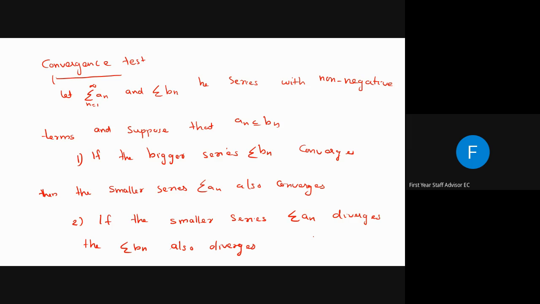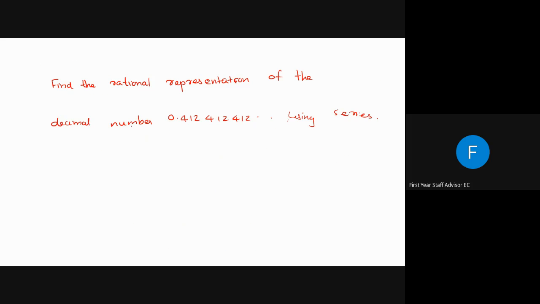Okay, an less than or equal to bn is given. That means all terms in bn are greater than an. This means a1 is less than b1, a2 is less than b2.